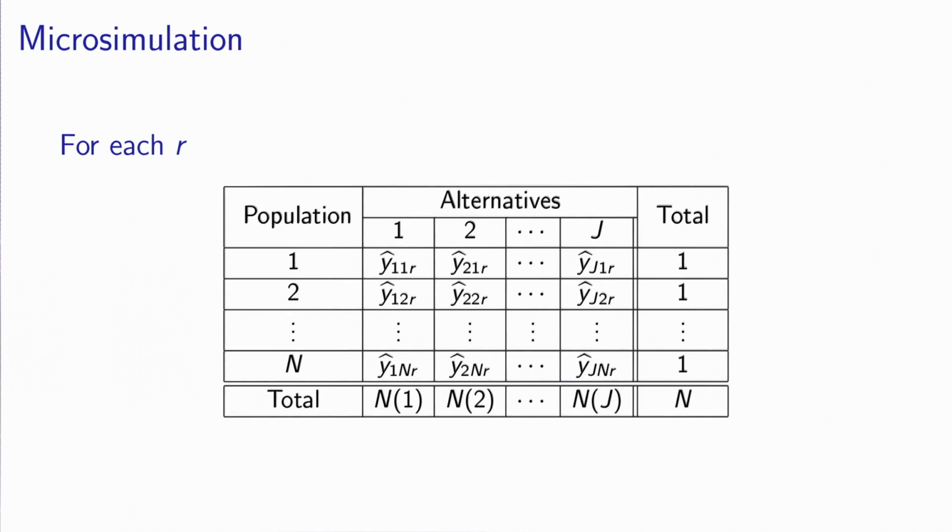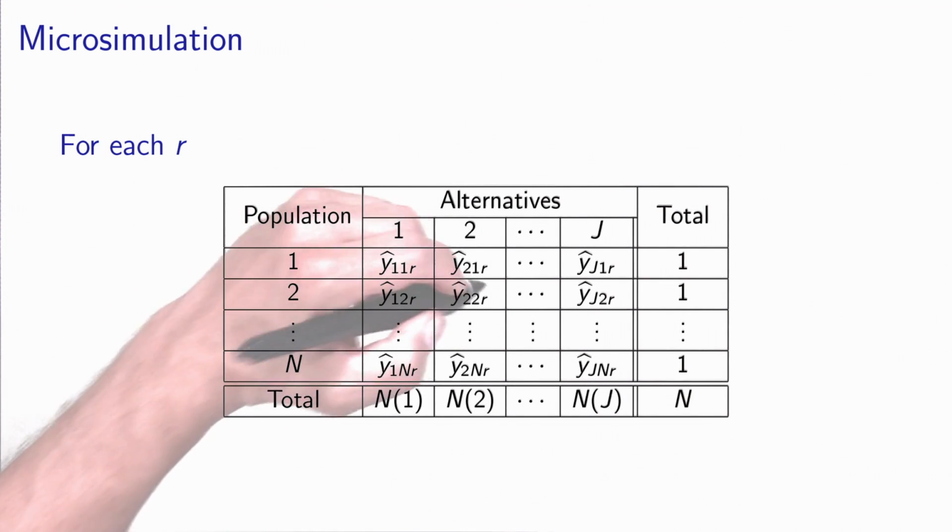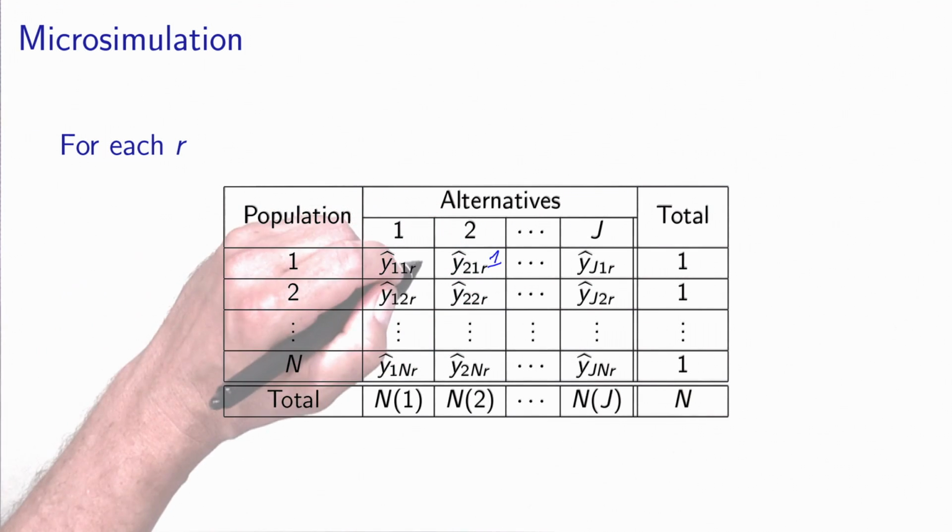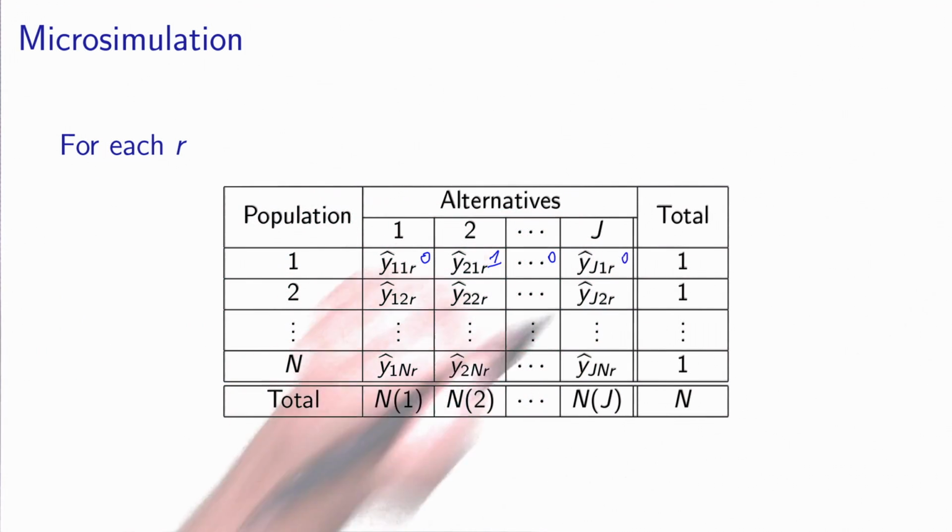So let's go back to the table that we have seen before. Remember, this table has one row per individual and one column per alternative. Each time we do a microsimulation, each time we generate a choice, we calculate the value of this ŷ. But now this value can be 0 or 1 for a given r. For example, if individual 1 has selected alternative 2, we will have 1 here, 0, 0, and 0 everywhere else.